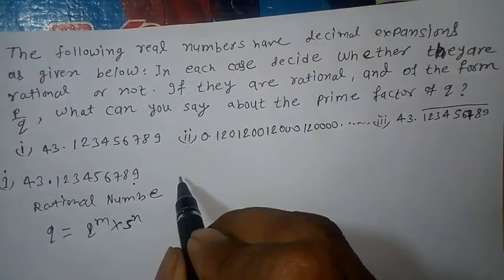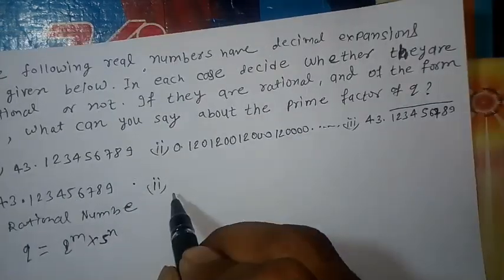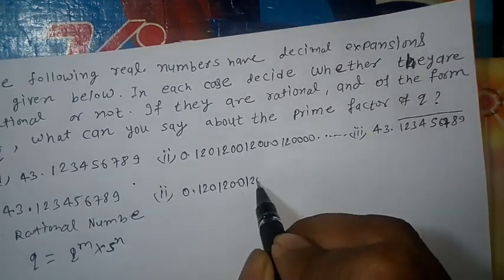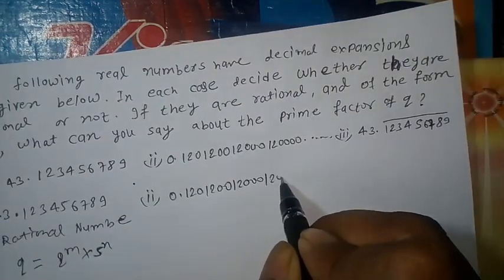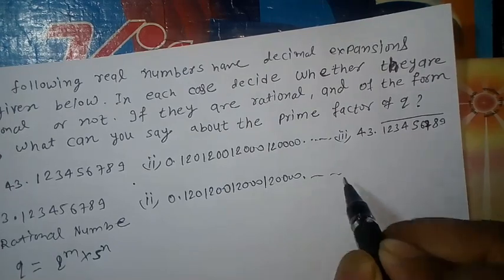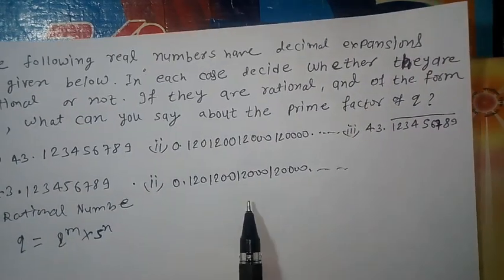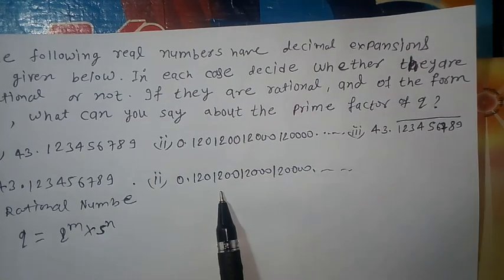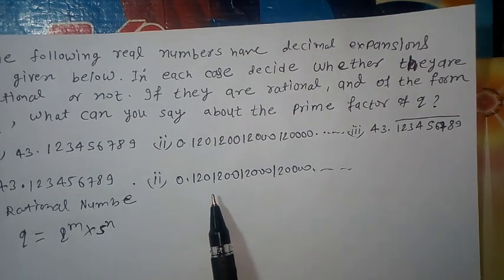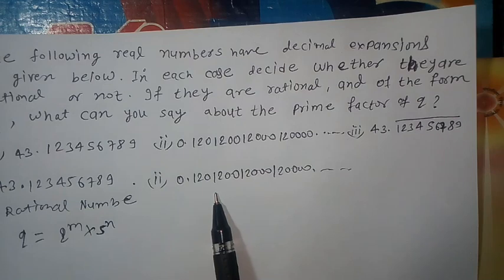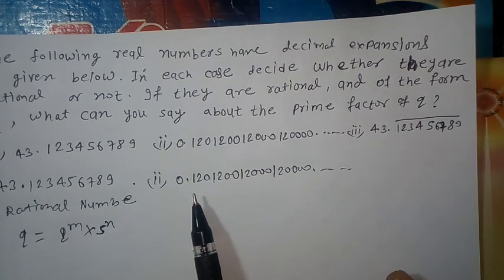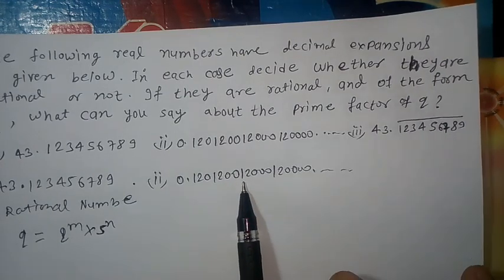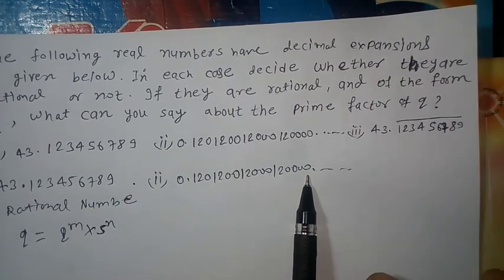Question number 2. 0.120120012001200012... Now see this. This is not terminating and not a non-terminating repeating decimal, because here 1 2 0, here 1 2 00, here 1 2 000.